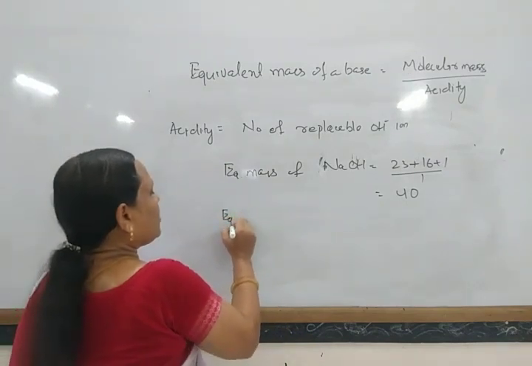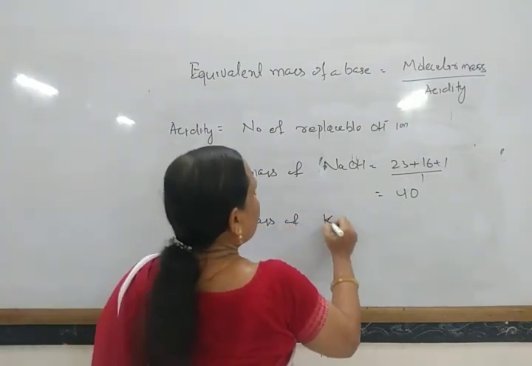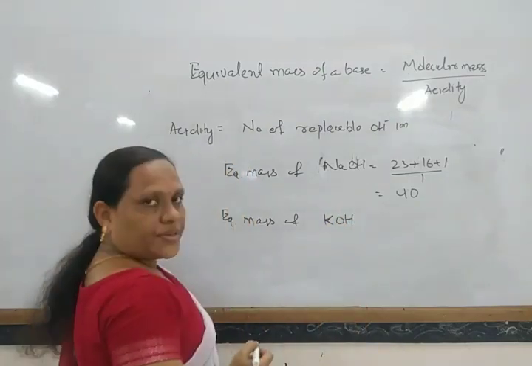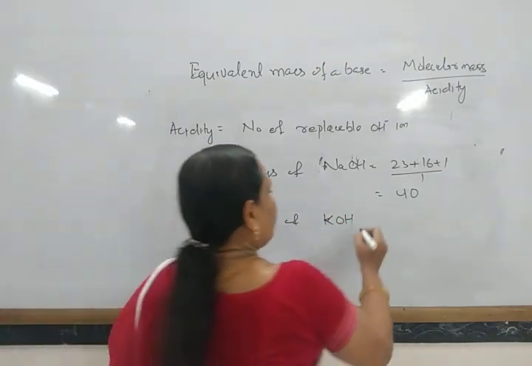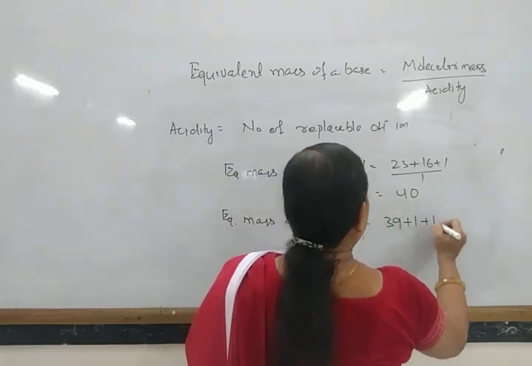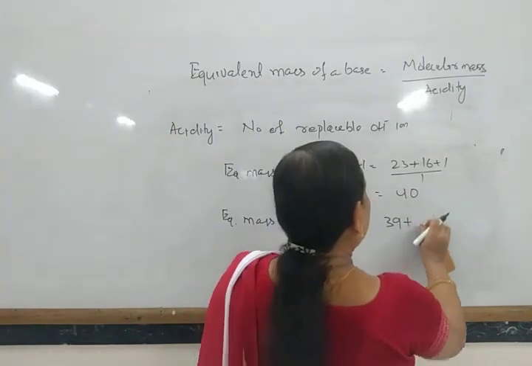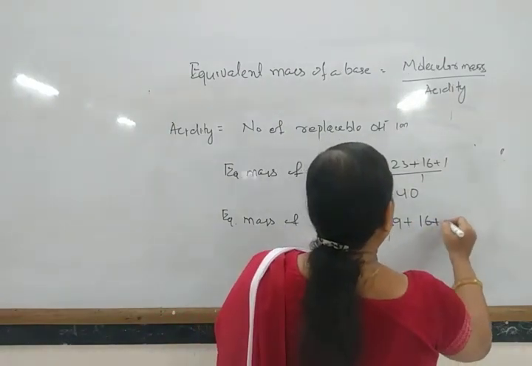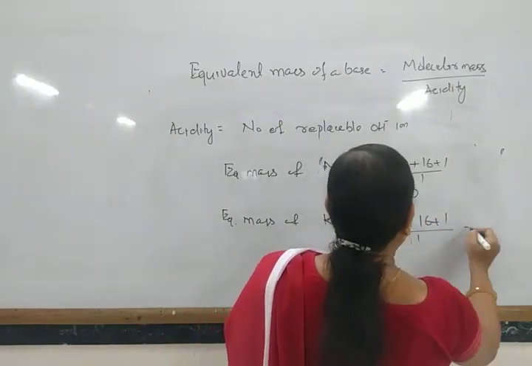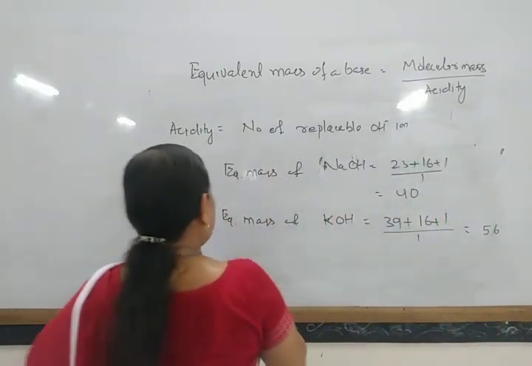Similarly, the equivalent mass of potassium hydroxide is equal to 39 plus oxygen atomic mass 16 plus 1 by 1, that is equal to 56.